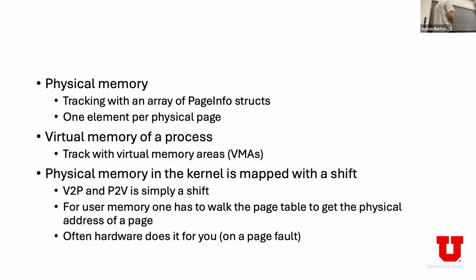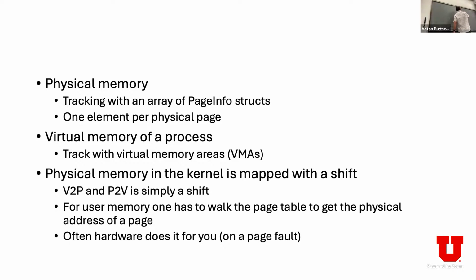We also have a virtual memory of a process, right? So for every process, let's imagine we have a process like that. I'll draw a box for process one. It has a virtual address space. And for each allocated region of the address space, Linux uses something called a virtual memory area.